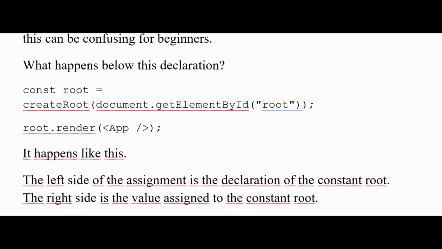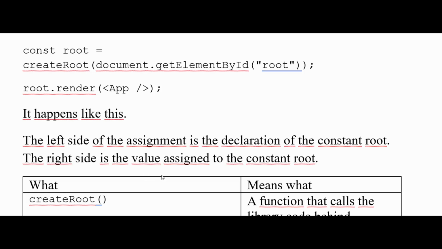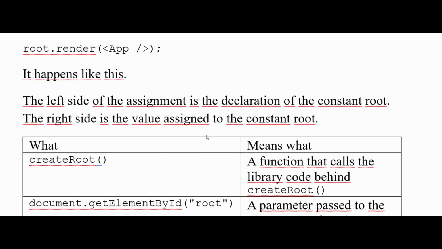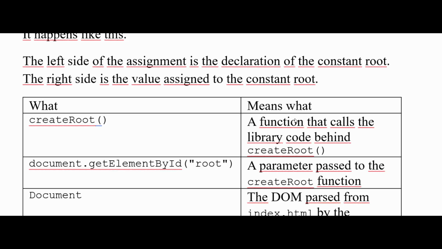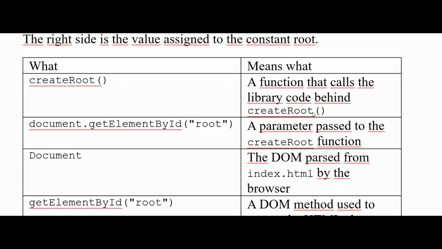It happens like this. The left side of the assignment is the declaration of the constant root. The right side is the value assigned to the constant root. createRoot is a function that calls the library code behind createRoot. document.getElementById('root') is a parameter passed to the createRoot function.